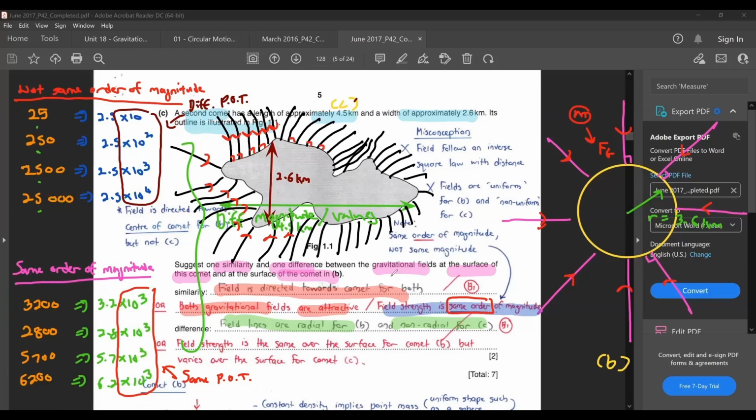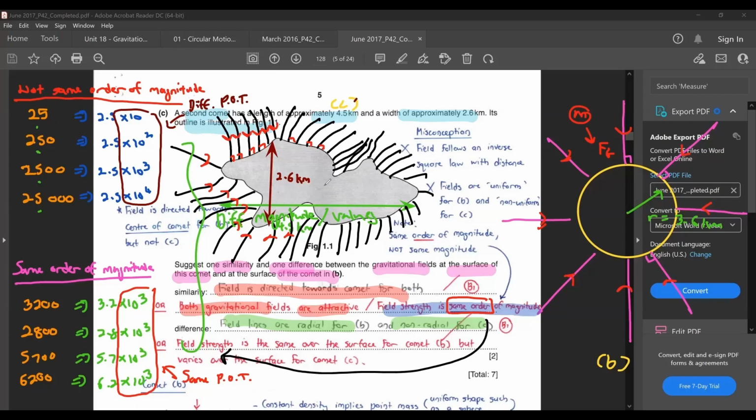All right, now going back to the question, they told you that field strength is the same order of magnitude. It's kind of referring to this. Okay, maybe I should use a different color. It's getting really messy. Same order of magnitude kind of refers to this.